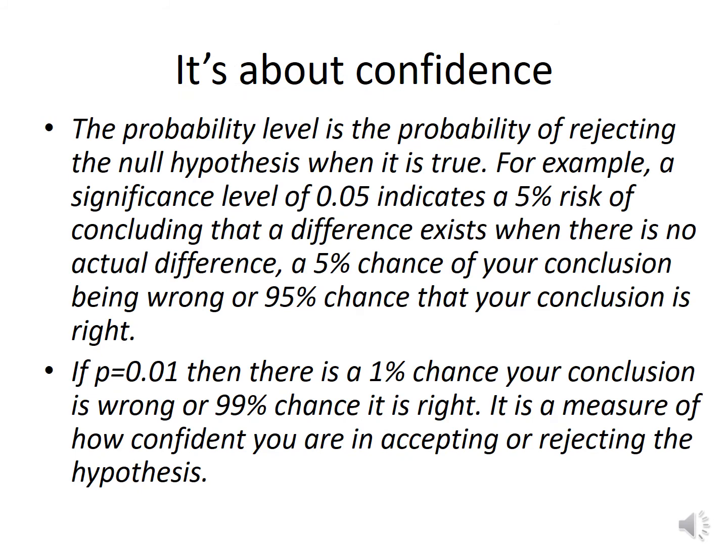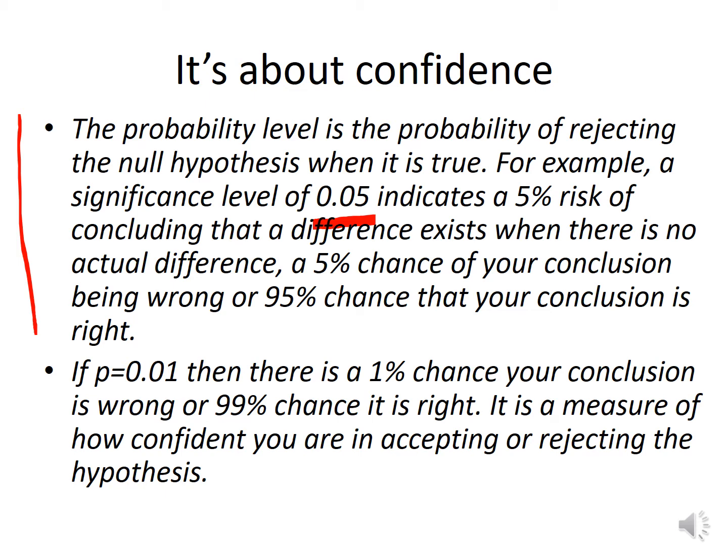So let's have a look. It's about confidence. The probability level is the probability of rejecting the null hypothesis when it's true. So you've said, nope, I'm rejecting the null hypothesis, but actually, oh no, it turns out you should have accepted it. That's what we're talking about. For example, a significance level of p equals 0.05 indicates a 5% risk of concluding that a difference exists when there is no actual difference.